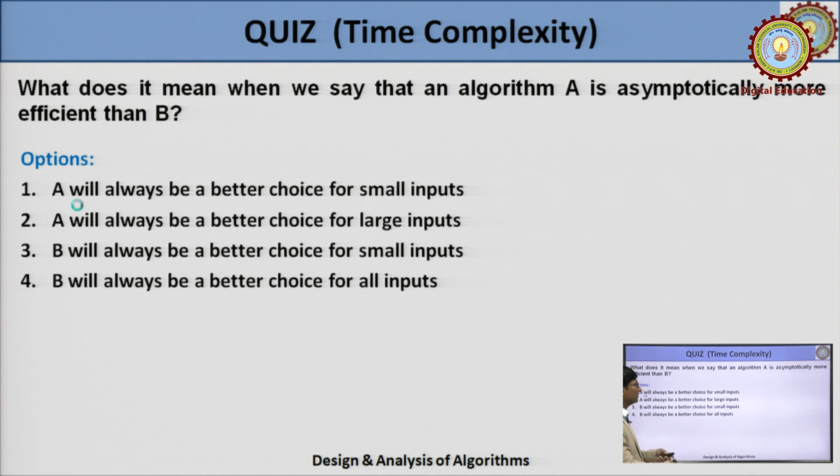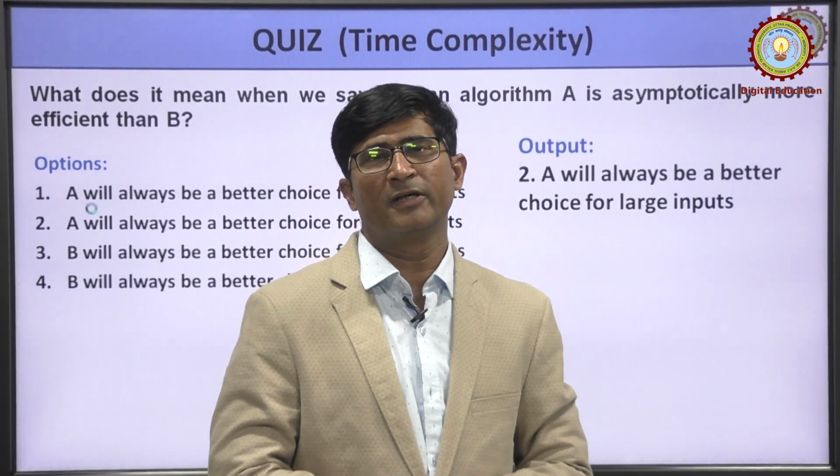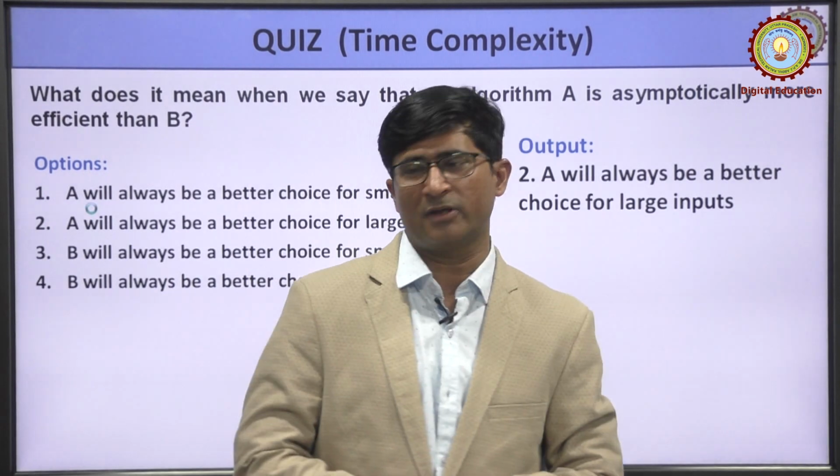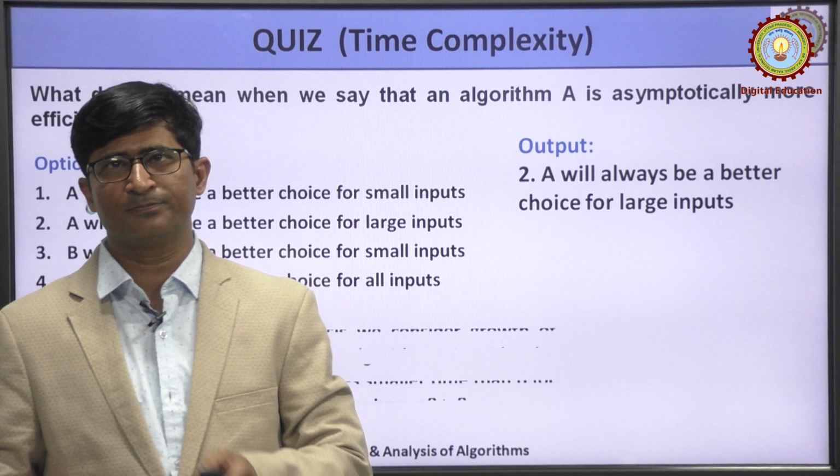So the answer is that A will always be the better choice for large inputs, and we normally talk about the efficiency of algorithms for larger values of n, as per the definition of rate of growth, where we talk about how the algorithm behaves when n tends towards infinity.